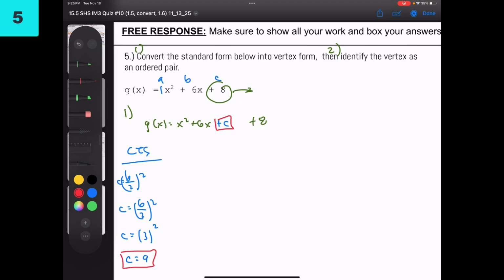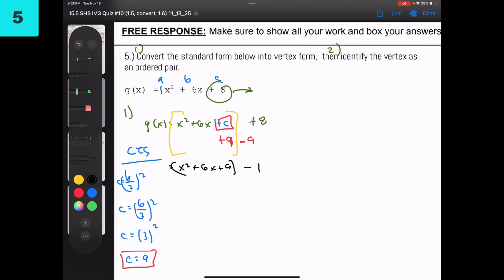So that'll become 9. Okay, so to make this work, this one will have to be a negative 9. Notice they're on one side of the equal sign. So now I have x squared plus 6x plus 9, and this will equal negative 1.